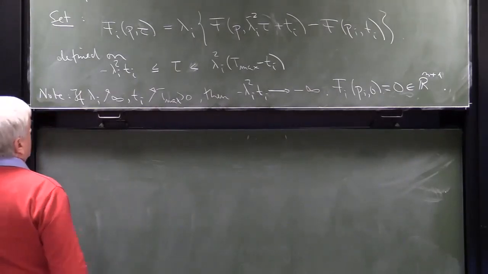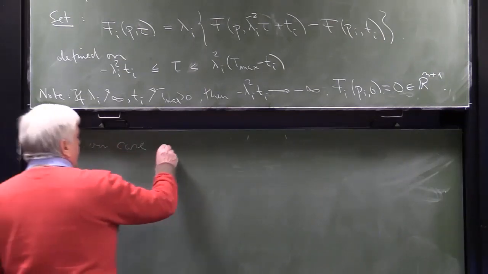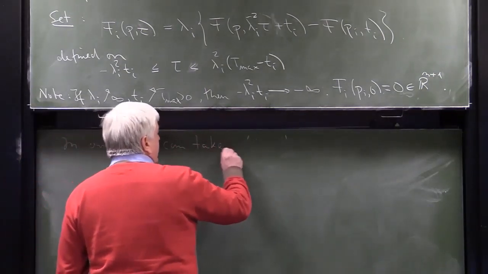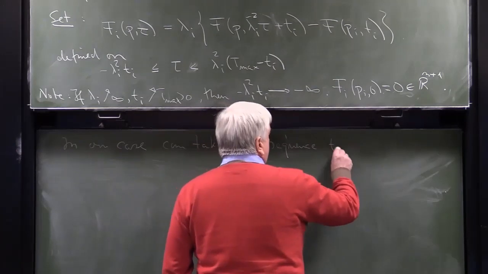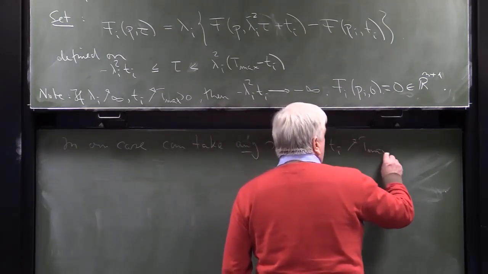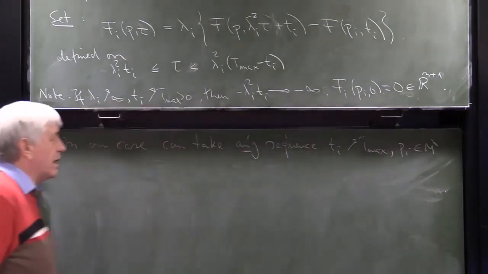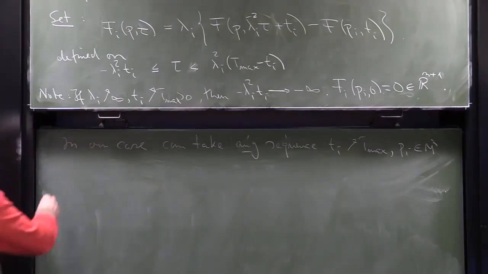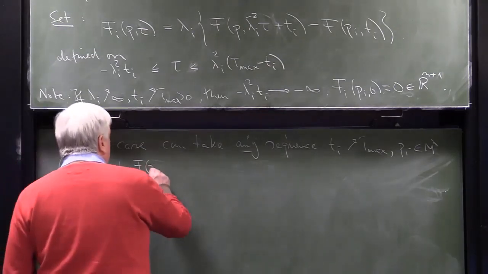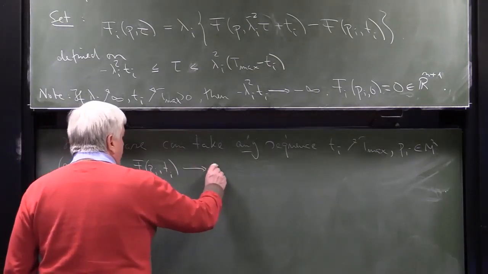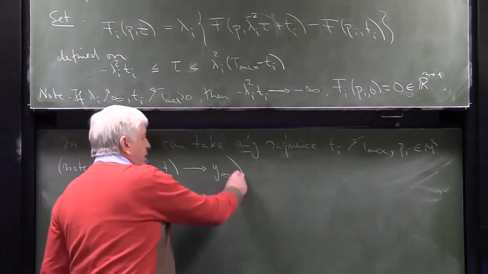So in our case, we can take any sequence t_i tending to t_max, we can take any sequence p_i in M^n, noting that F(p_i, t_i) converges to y_infinity. We already know that.